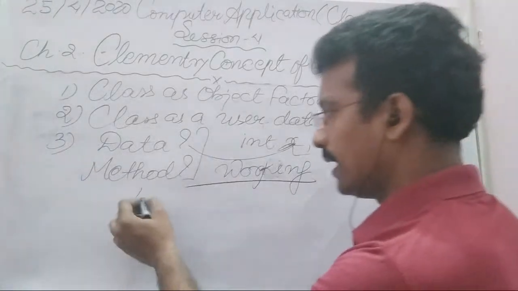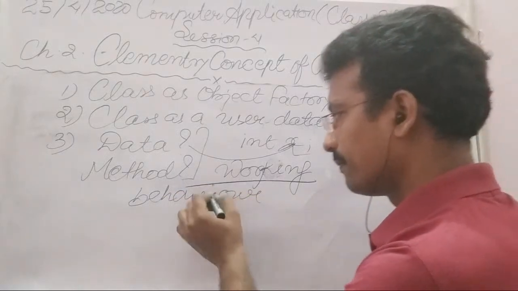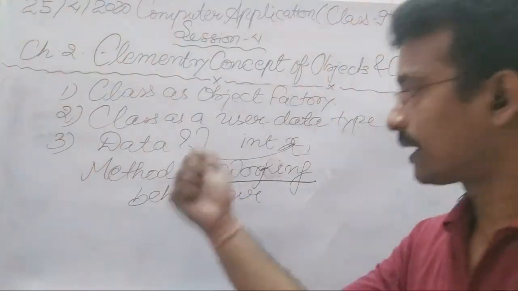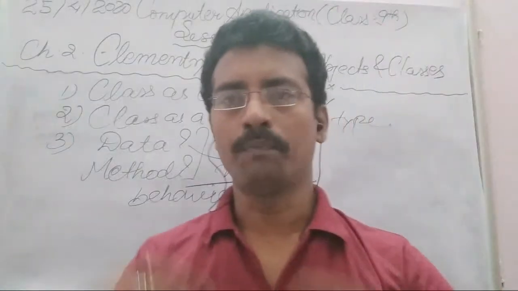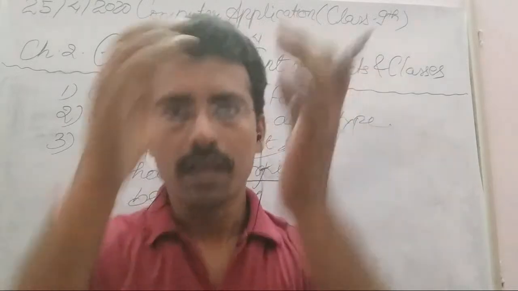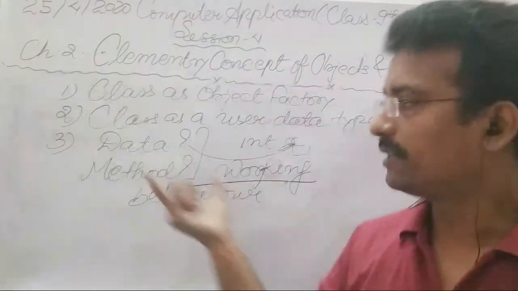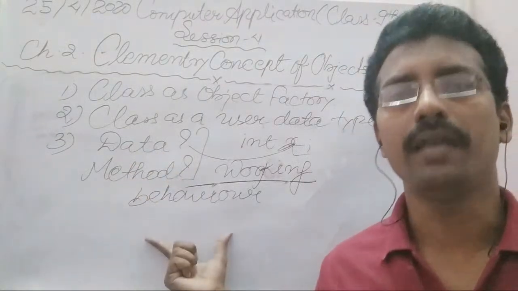Method is also called behavior. A class or an object performs operations defined by its working, its method, its behavior.